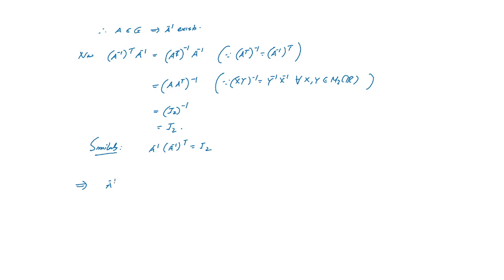That means A inverse belongs to G. As A inverse is orthogonal, the inverse of each element exists.